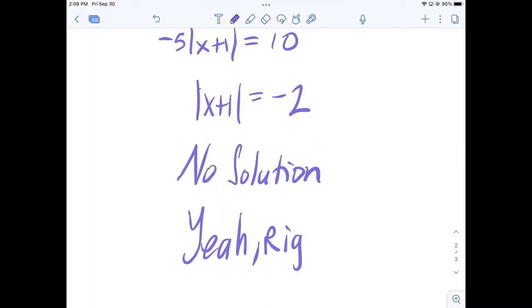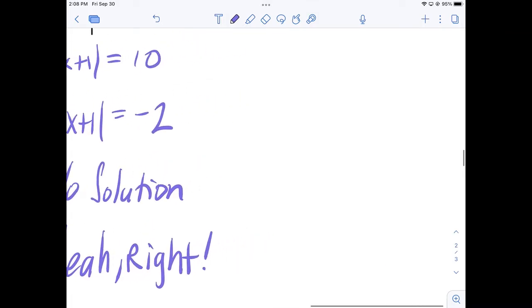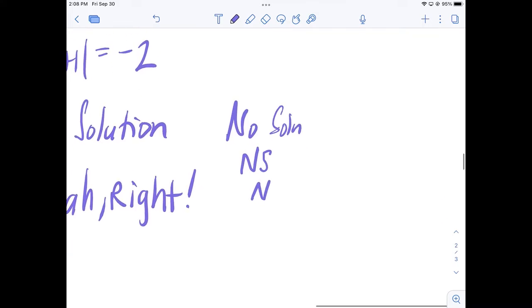If you put no solution on the test, that counts as right. No, let's not abbreviate too much. I know solution's a really long word. SOLN is the appropriate abbreviation for solution. You could abbreviate no with the letter N, and solution with S, but then you could abbreviate NS just with an N. And then both of those you could just abbreviate with a dot.